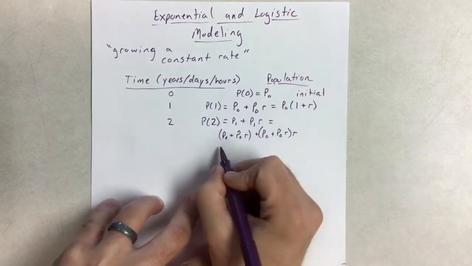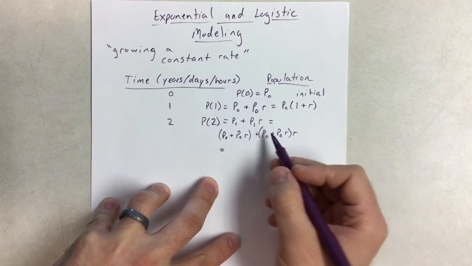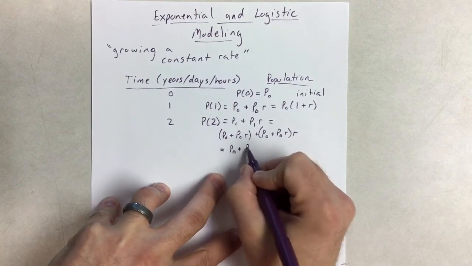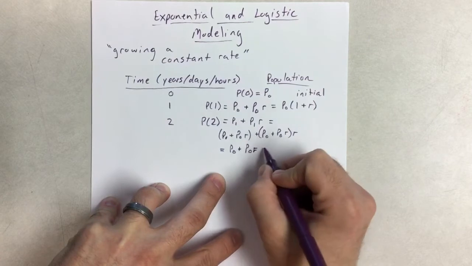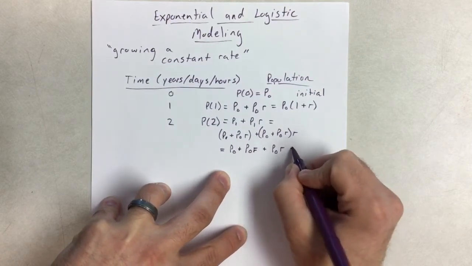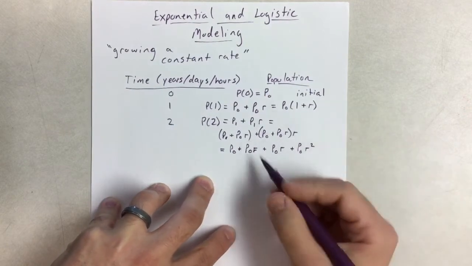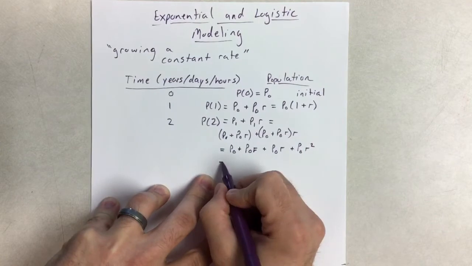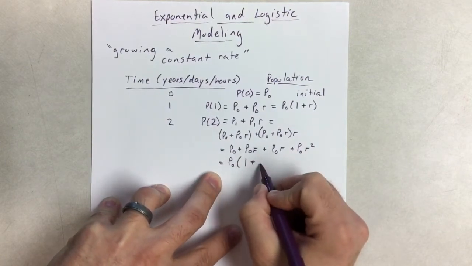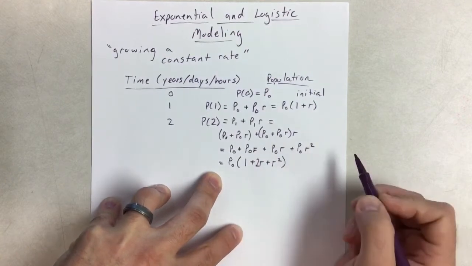I'm going to simplify this some more by distributing and simplifying. And when we do that, we get P sub 0 plus P sub 0 R plus P sub 0 R plus P sub 0 R squared. And I see a P sub 0 in everything, so I'm going to pull a P sub 0 out, leaving us with 1 plus 2R plus R squared.